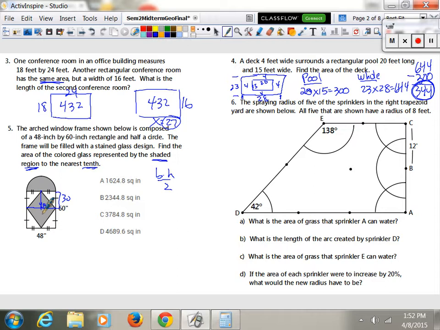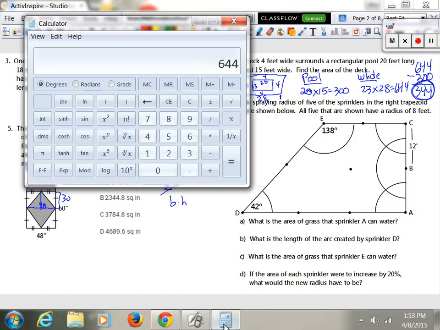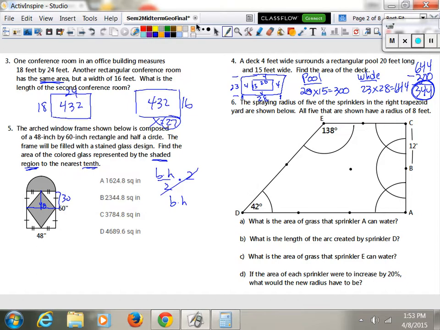Base times height divided by 2 for one triangle, and you're going to double it because you want the second triangle. So you're going to take that formula and multiply it by 2 because you got 2 triangles. These are going to cancel out, so really you're just going to do base times height, which is 48 times 30. So 48 times 30 is going to give you 1440.